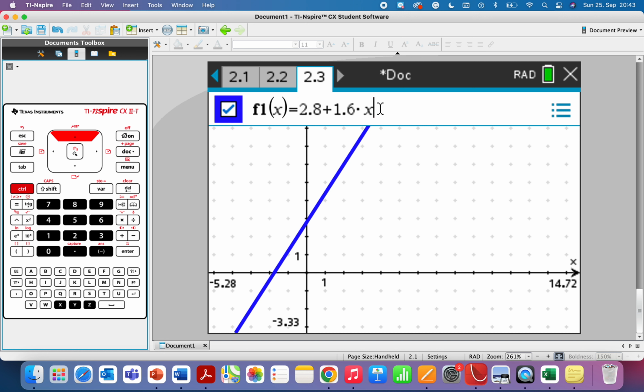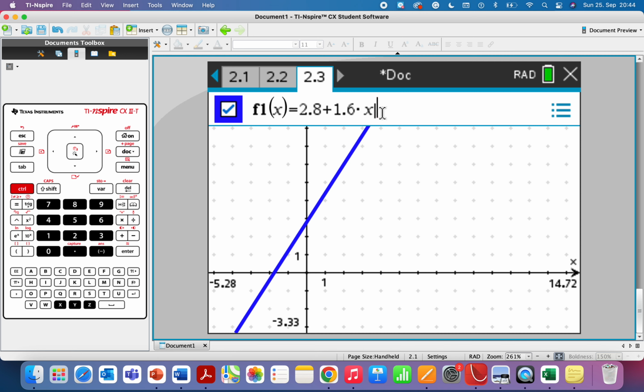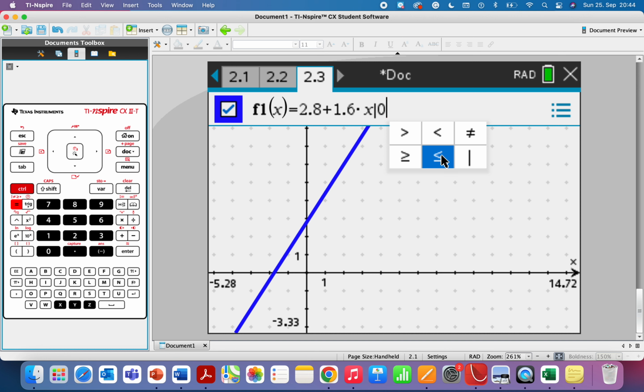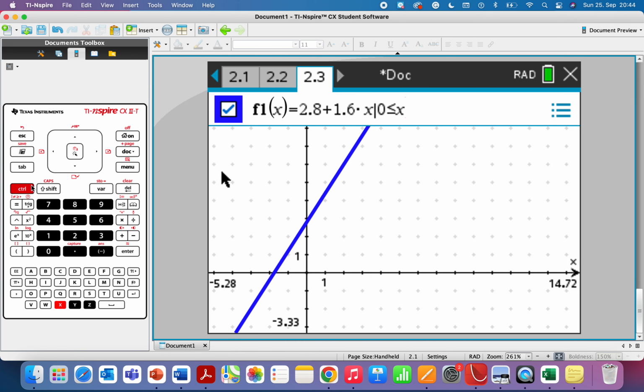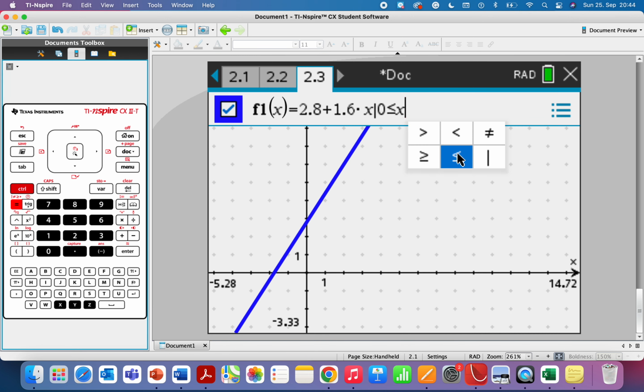And now we're going to restrict the domain. So we're going to make a little fancy maneuver here. Above the equals, you've got an extra toolbar in red, Control equals, and it's this line we need. Given that 0, and then back into that magic toolbar, less than or equal to x, less than or equal to 8.